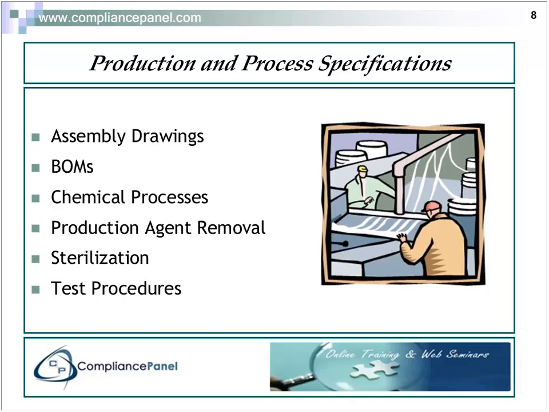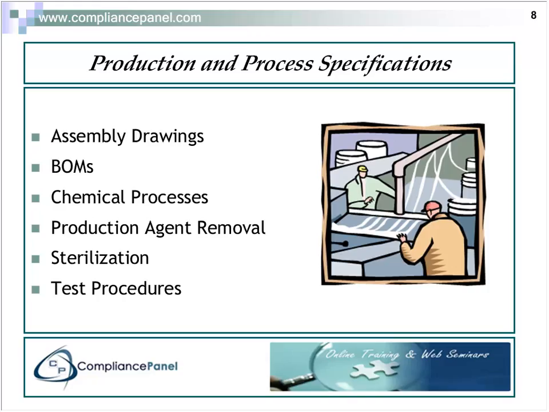And if you're using any agents as part of the production process but do not get included within the device when you ship it, for instance, if you're doing circuit boards, you may have a flux cleaning process that cleans. You'd use a cleaning agent, you use flux, and both of those are removed. So you have to have the specifications for those included in your device master record.